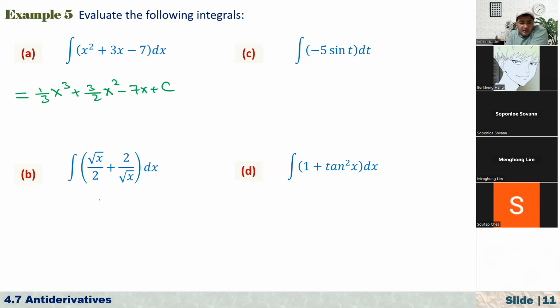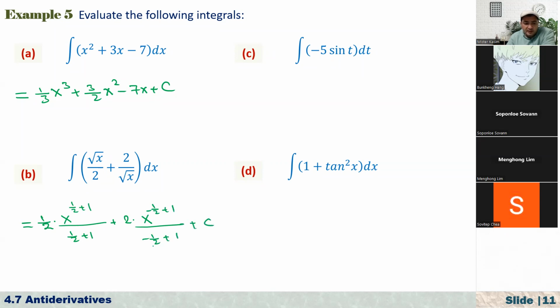Let's continue with b. It is the square root of x, which I can write as x to the power of 1 over 2. So that is x to the power of 1 over 2 plus 1, over 1 over 2 plus 1. Then for the other term, x to the power of negative 1 over 2 plus 1, over minus 1 over 2 plus 1.